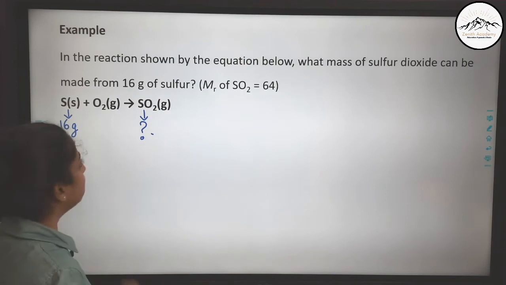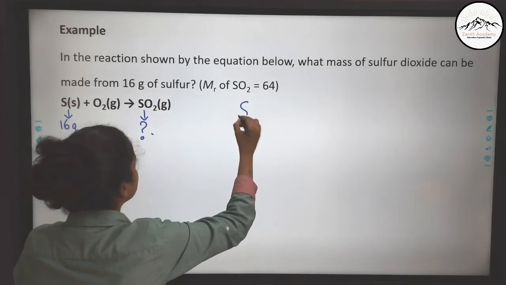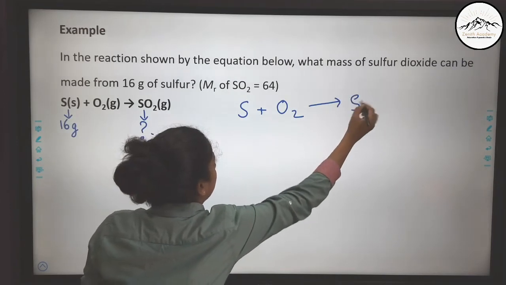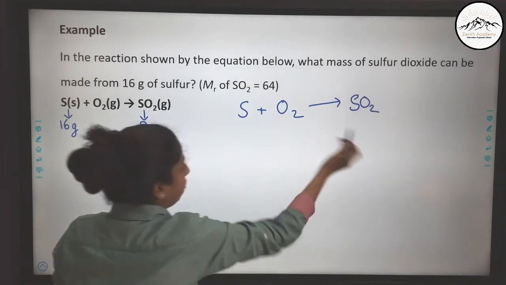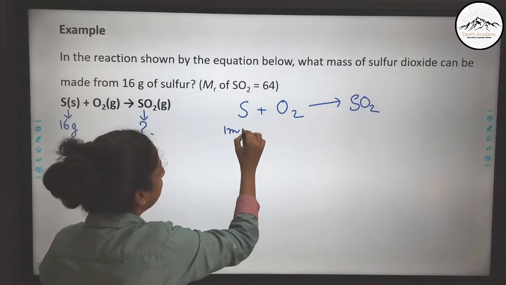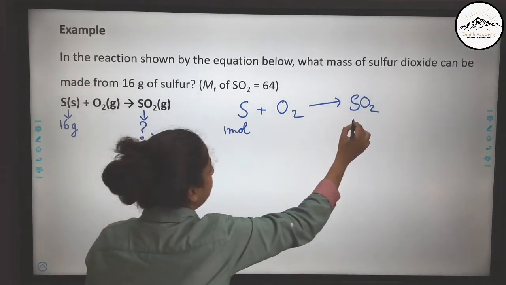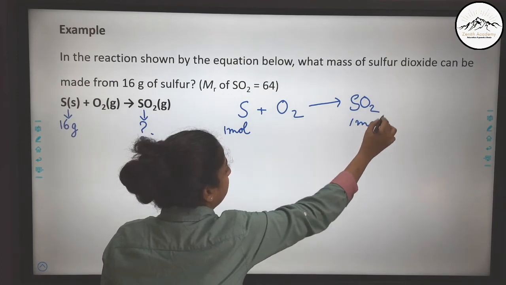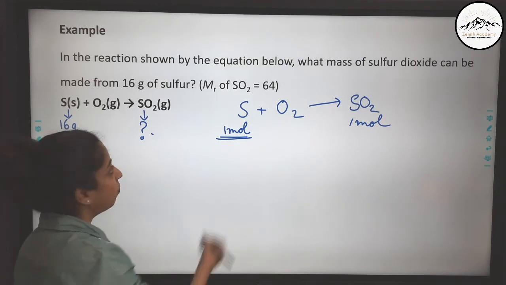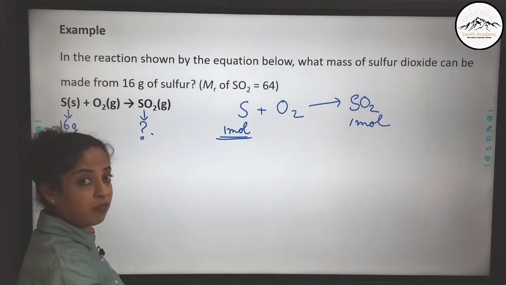Now, according to this reaction, if I write the reaction again, S plus O2 gives SO2. You can see there are no coefficients when you balance it. So 1 mole of sulfur is giving you 1 mole of SO2, right? 1 mole corresponds to relative atomic mass, and relative atomic mass of sulfur is 32.